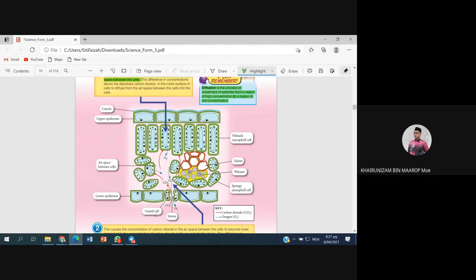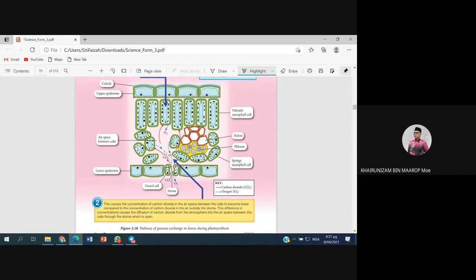When there is a low concentration of carbon dioxide inside the cell, the carbon dioxide will diffuse into the cell, and in the airspace there is a high concentration of oxygen, and the oxygen will be released out of the leaf, because outside the leaf, at the atmosphere, there is a low concentration of oxygen.